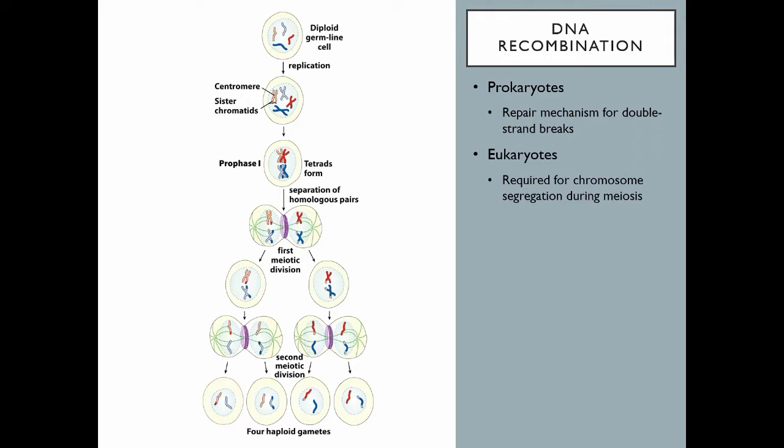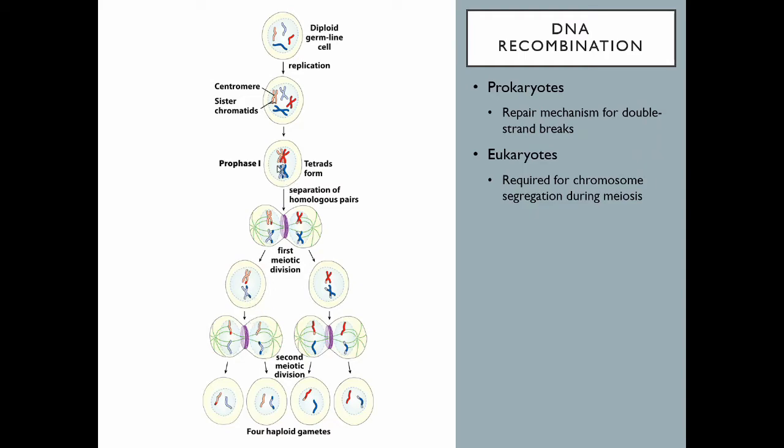Each set gets copied, and then in the first round of prophase, each homologous pair finds its partner and forms a tetrad. Then they separate twice. First the homologous pairs separate, and then the identical chromatids separate.